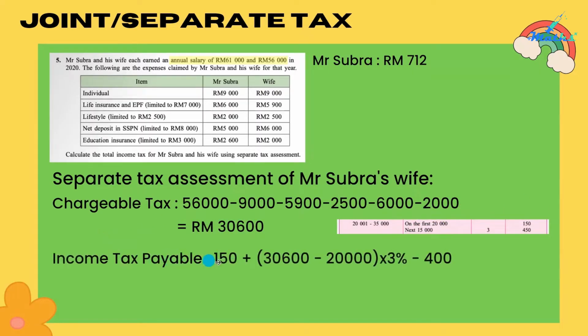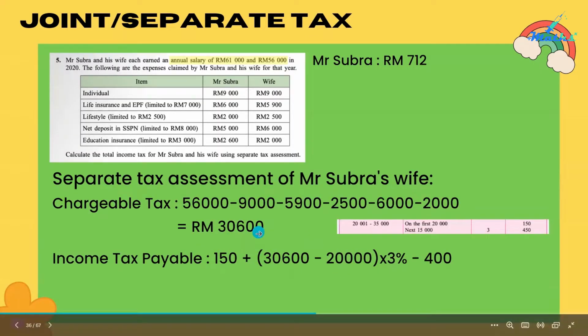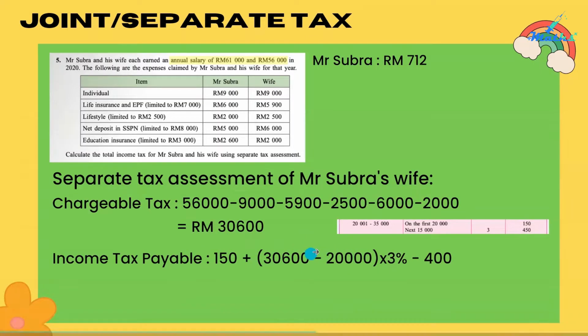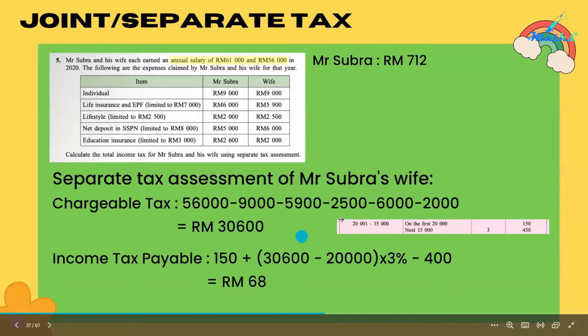So the income tax payable is 150 plus the chargeable income minus the first 20,000, and we times the rate, which is 3%, and we minus the 400, which is the tax rebate, because the chargeable income is less than 35,000. So we got the tax rebate for Mr. Subra's wife. So the answer should be 68.